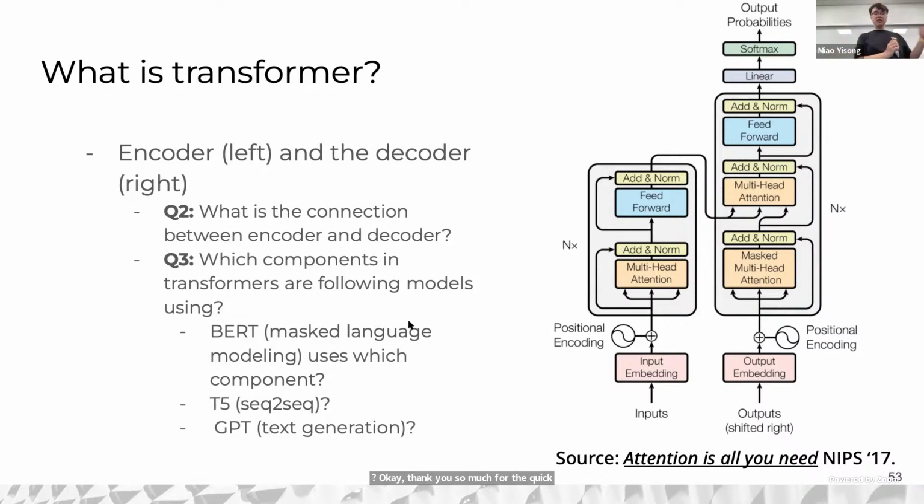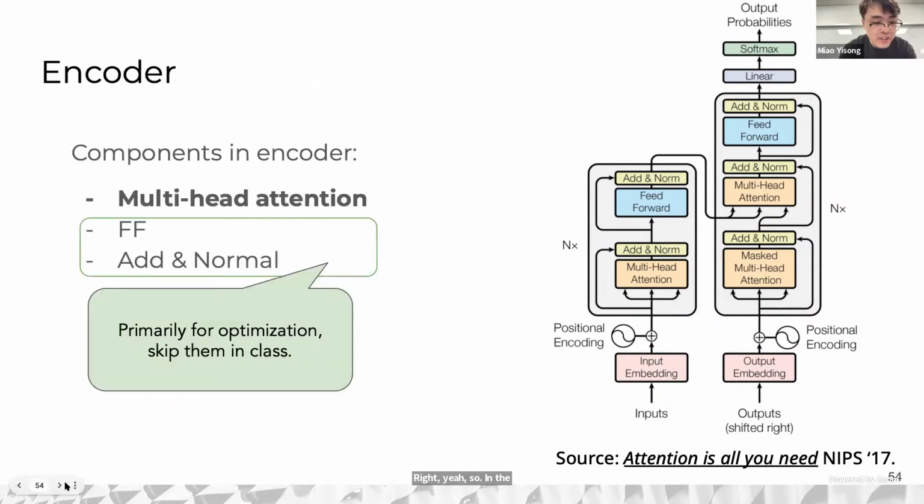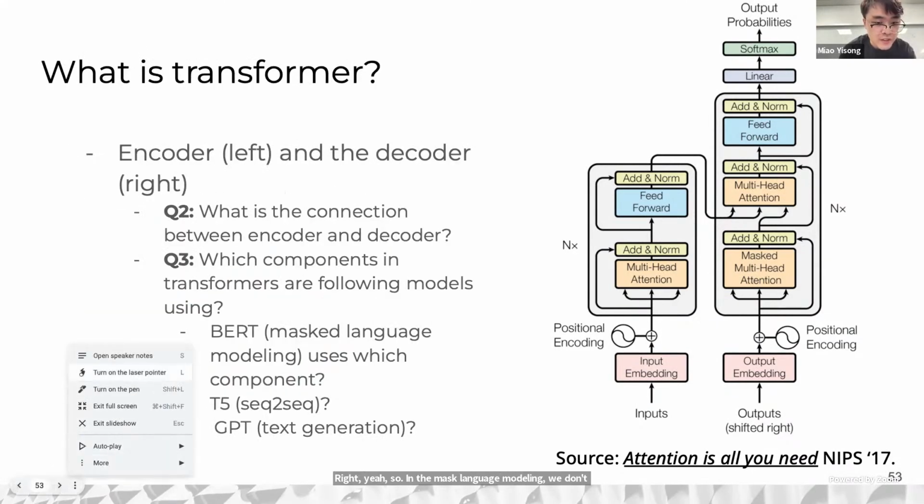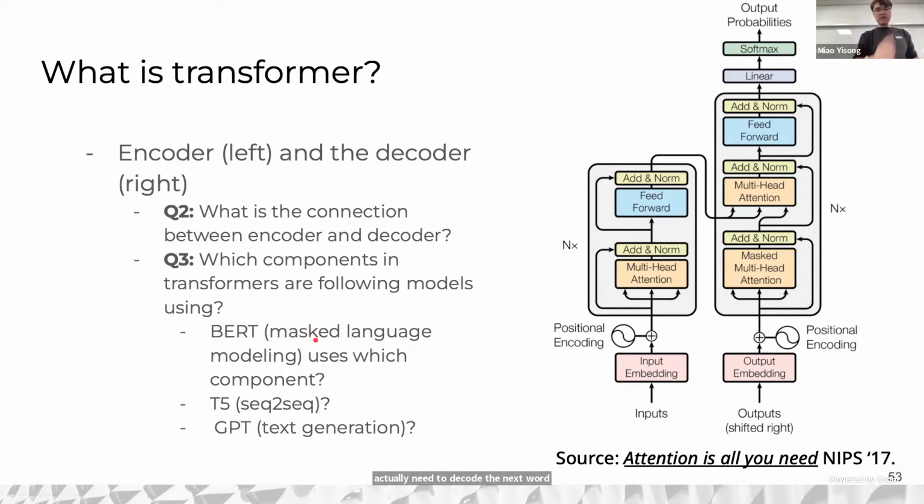So for BERT we only need the representation and we don't need to decode the next token out. We're not doing actual language modeling, but masked language modeling, right? In masked language modeling, we don't need to decode the next word out, so we're just using the encoder.